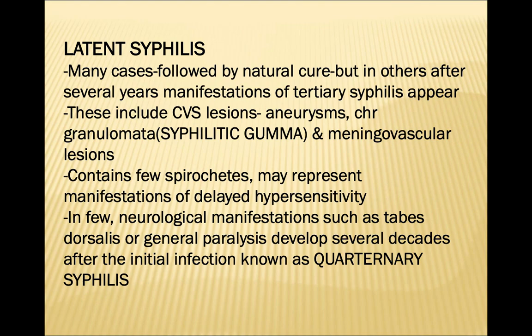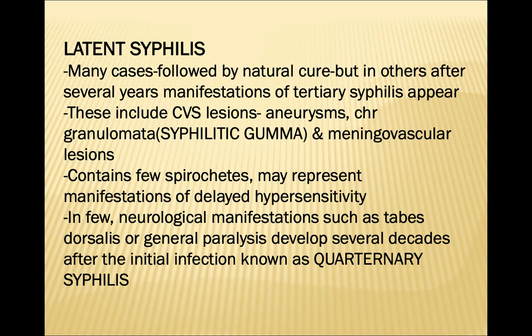The secondary syphilis then leads, after 4 to 5 years, into what we call latent syphilis. In latent syphilis, usually there is absence of any clinical manifestations, and the diagnosis is most often by serological tests.